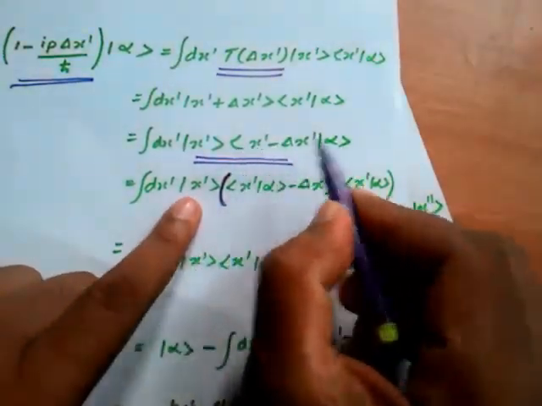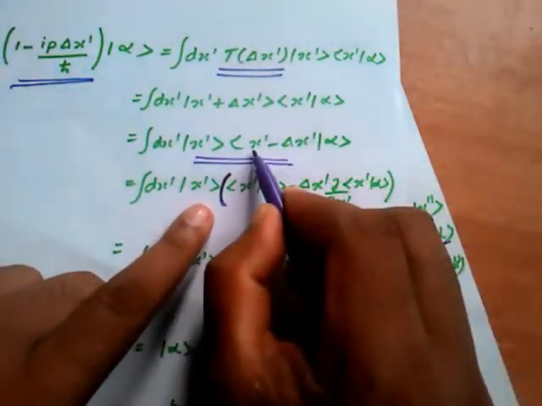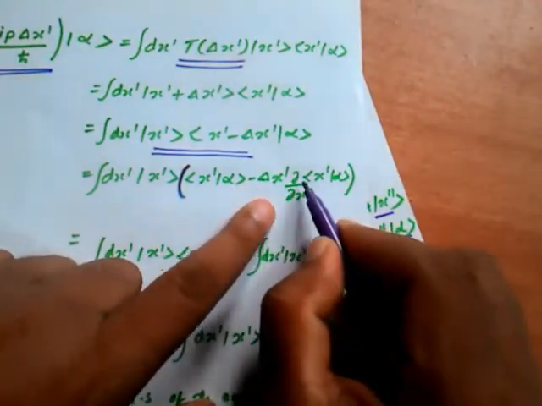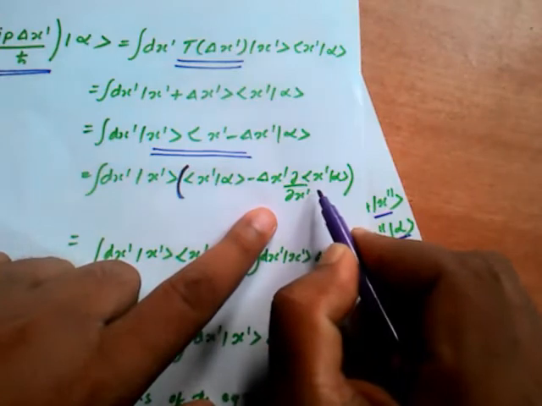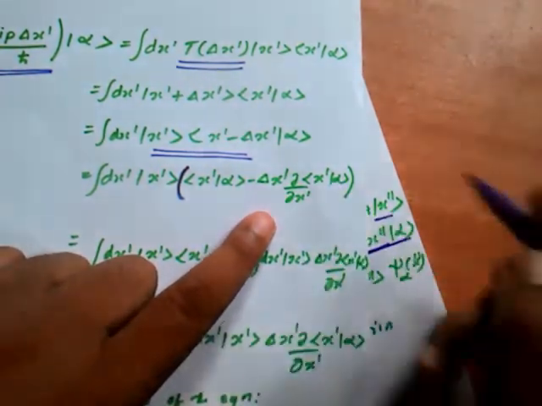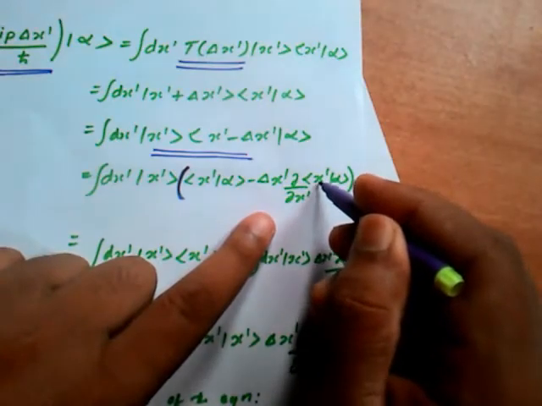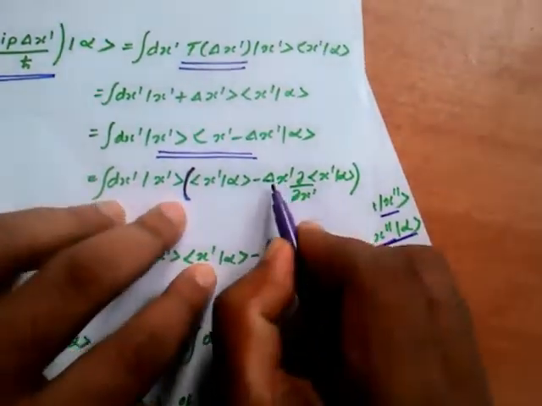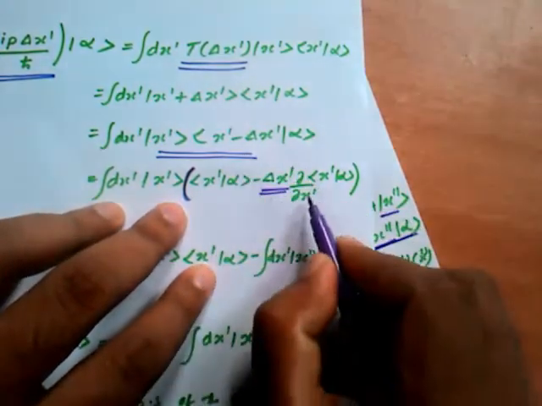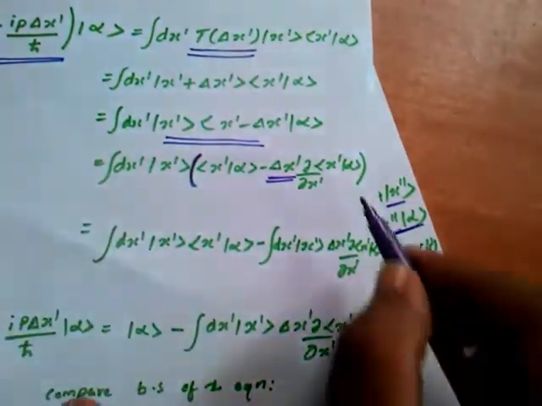We are writing this term as inner product of x dash alpha minus delta x dash into dou by dou x dash of inner product of x dash alpha. Dou by dou x dash of x dash equal to 1, this we cannot write as a ket. That's why we are writing this step in this form.